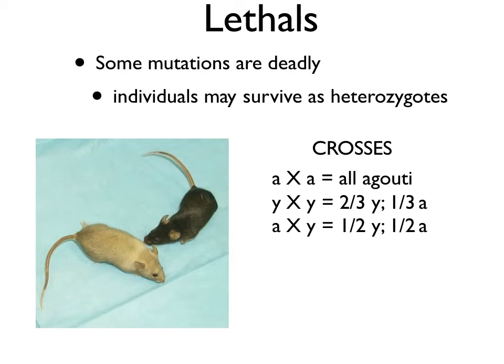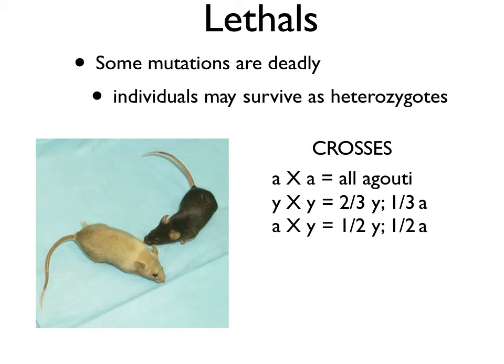So this is a true breeding genotype, and all the offspring have the same genotype, okay? Now, if you cross a yellow with a yellow, you would always observe 2/3 yellow, 1/3 agouti offspring, okay? And then crossing an agouti with a yellow, you would always get half yellow, half agouti.